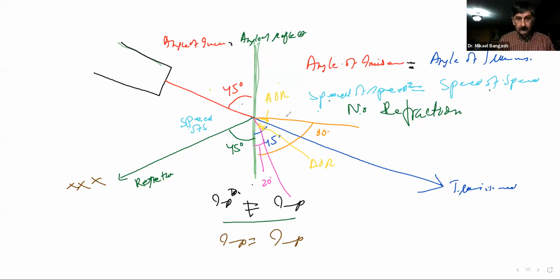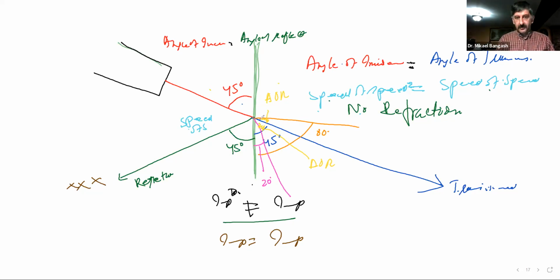So in your ultrasound, guys, there are two requirements for a refraction to occur. Say it goes from 45 degrees to 80 degrees. Not necessarily, even if it's just 45 to 46, it's still a refraction.